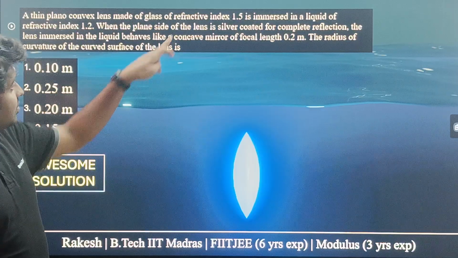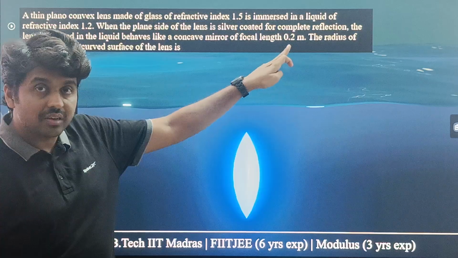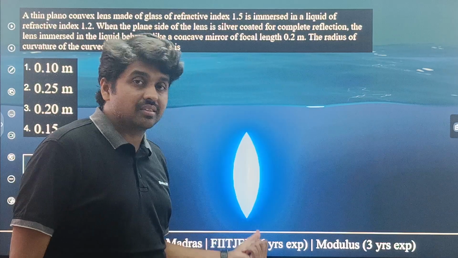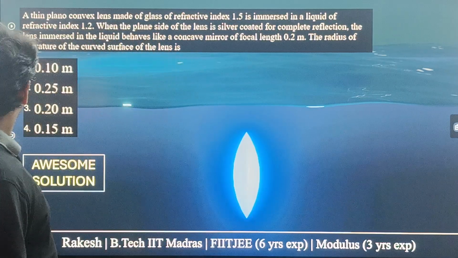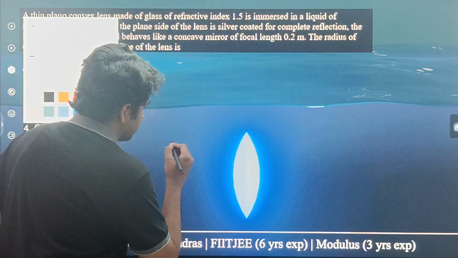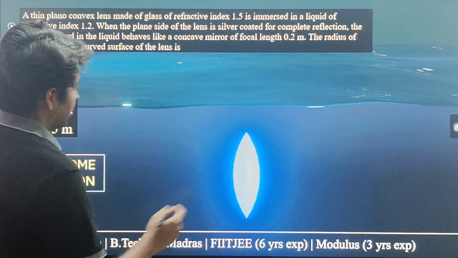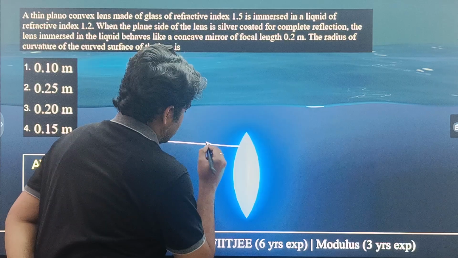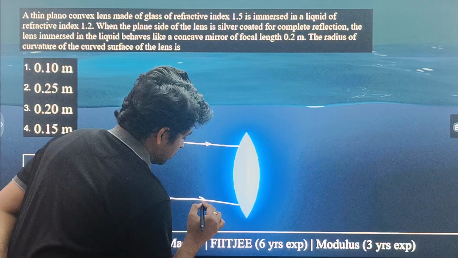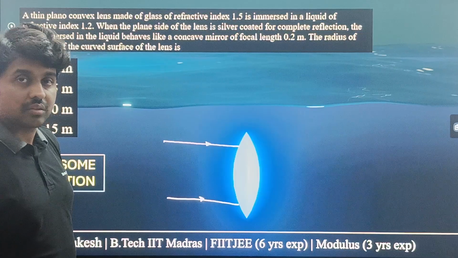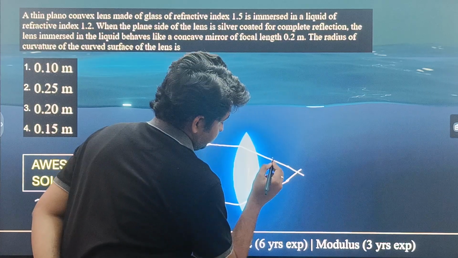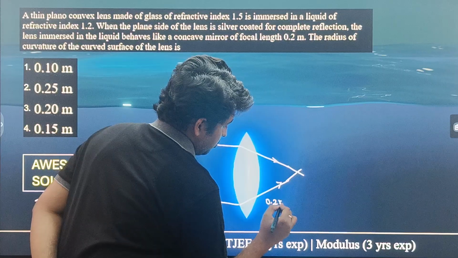If the focal length of the concave mirror is 0.2 meters, then if we extend this virtual world, the focal length of this double lens is 0.2 meters. So if I draw parallel rays like this, they will meet at 0.2 meters, just like this.